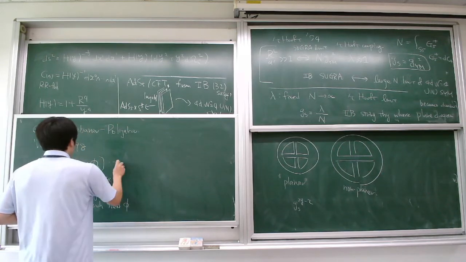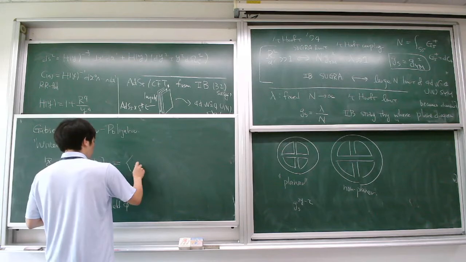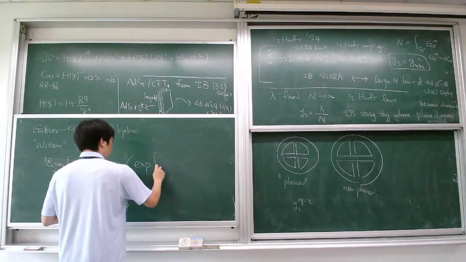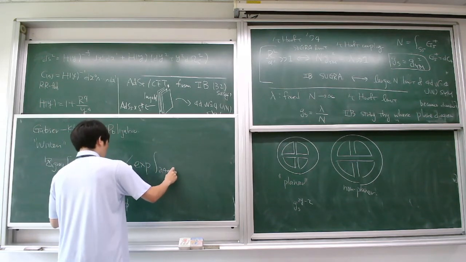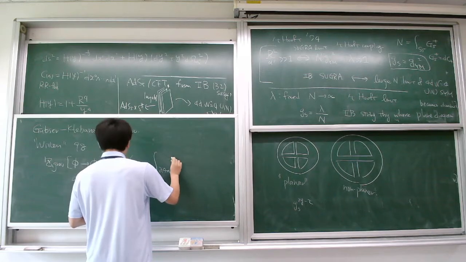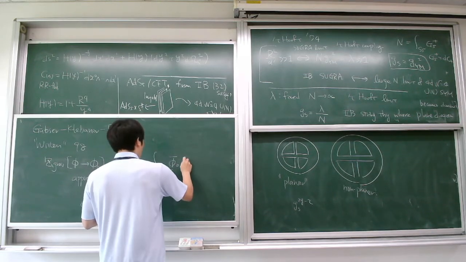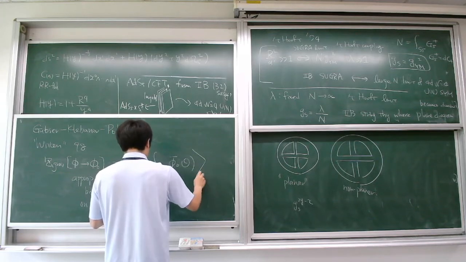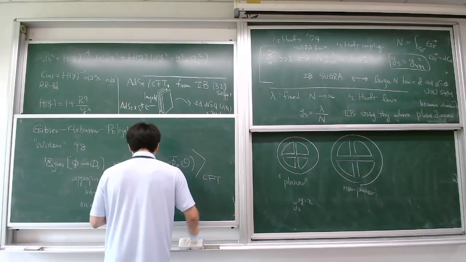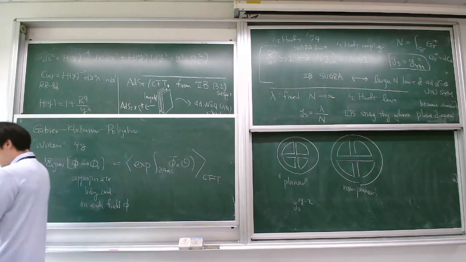Phi is equal to phi_0 at the boundary of AdS, and this equals some correlation function in the CFT, with the operator in the correlation function. So that's the proposal.